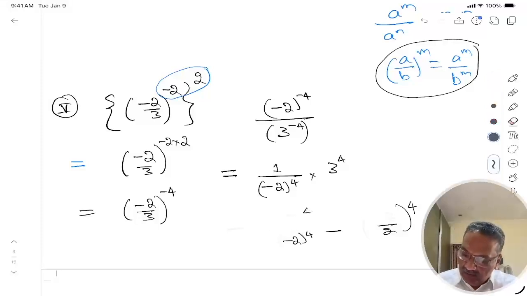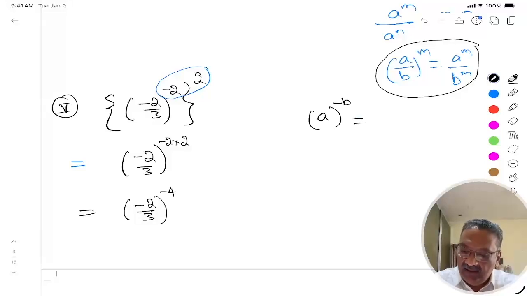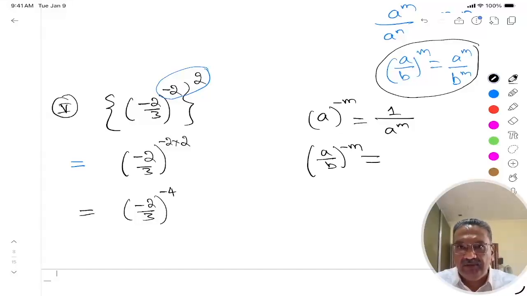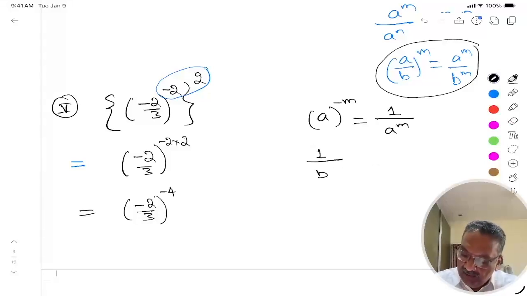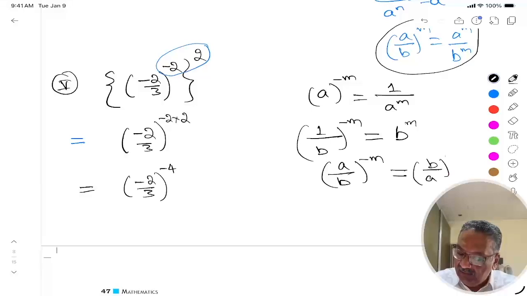Or you can also say, if you have a to the power of -m, it becomes 1/a to the power of m, and 1/b to the power of -m is nothing but b to the power of m. If you combine these, we get: if a/b to the power of -m, then the numerator and denominator get flipped. So this is nothing but b/a to the power of +m.